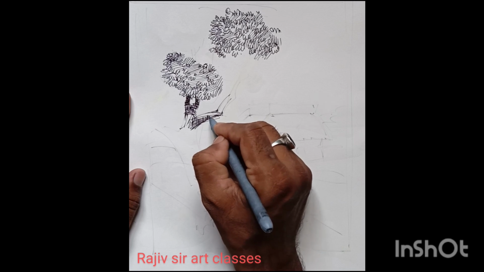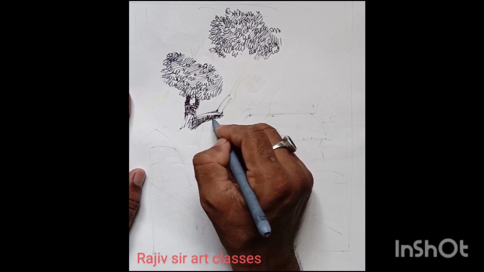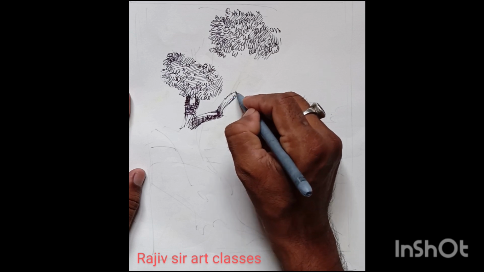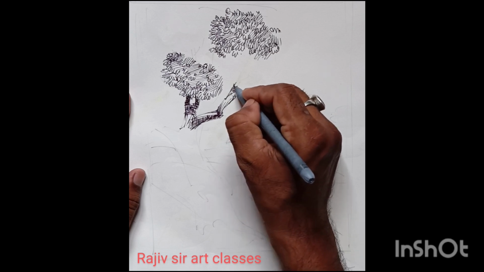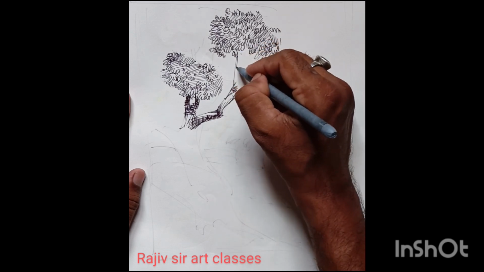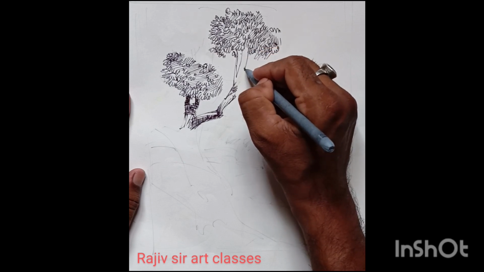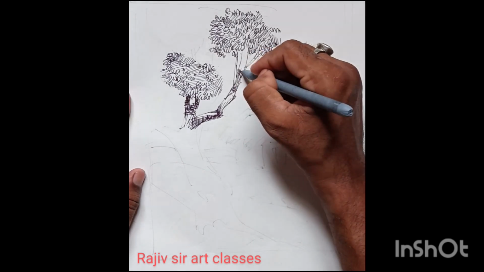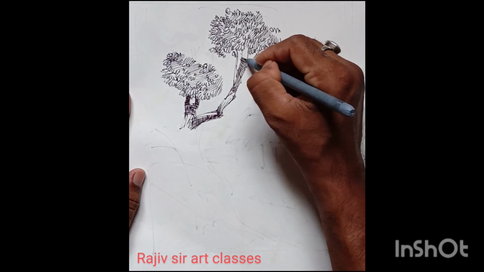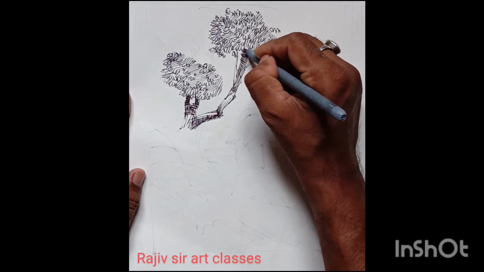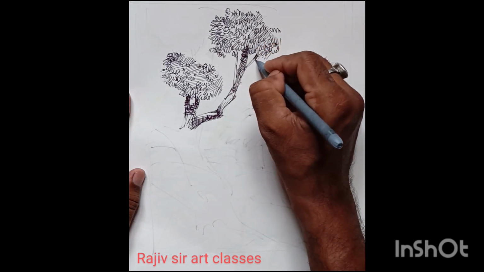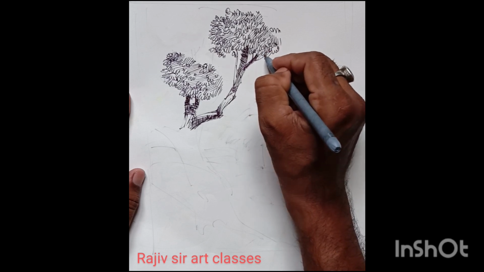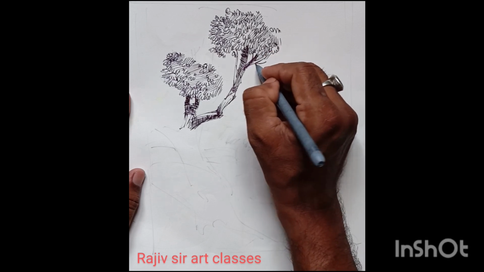Now, as you can see here, as I have told you already, the shape of the tree is a cylinder, and according to the direction of the tree, you have to give the lines here. Furthermore, you have to understand where the light is coming from, or where you want to have the light.